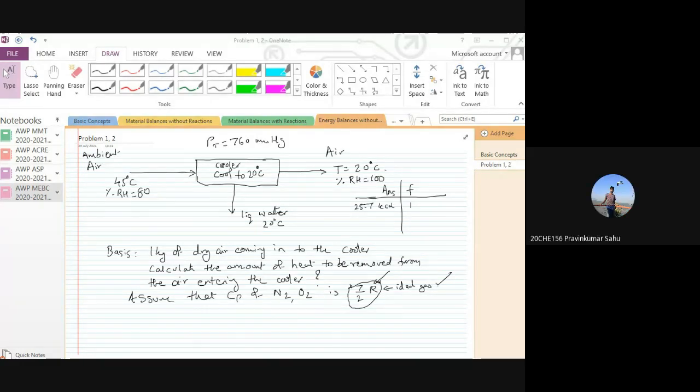Sir, the CP value of the air will be 7 kilocalorie per kg per Kelvin, right? CP value for oxygen, nitrogen, you can take as 7/2 R. Sir, so it will be 7 kilocalorie per kg Kelvin, right? 7/2 R is 7/2 R. Whether it is 7, 9, 12, 40, I have no idea. It depends on what your units of R are.